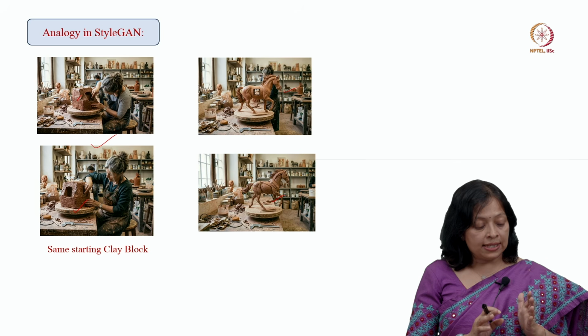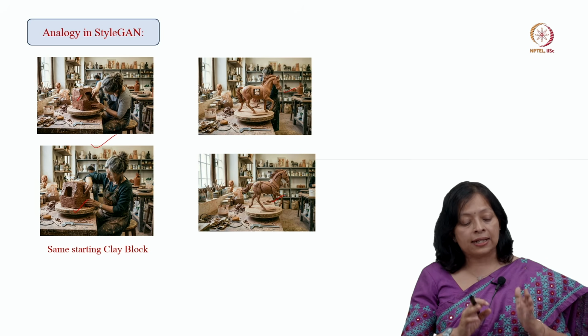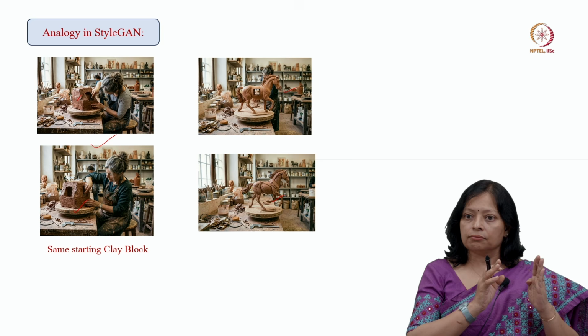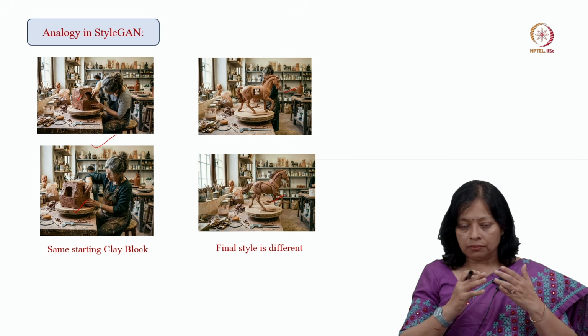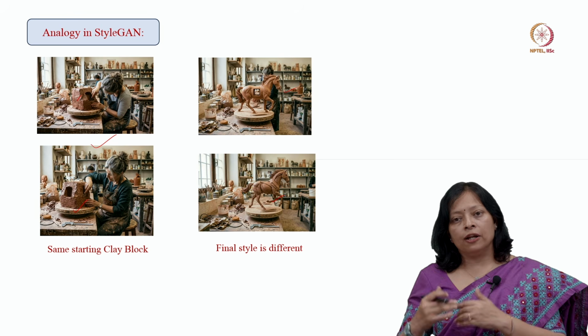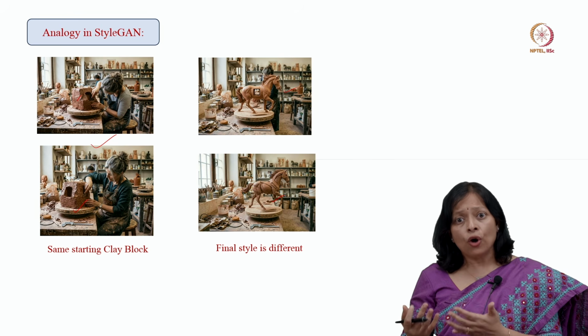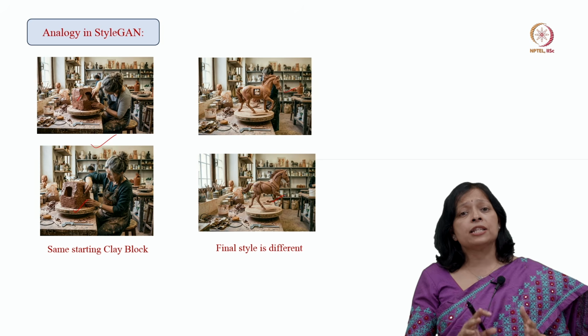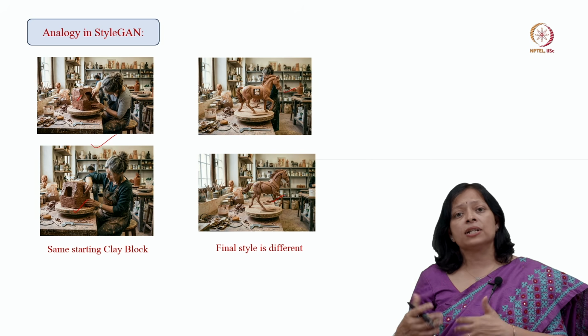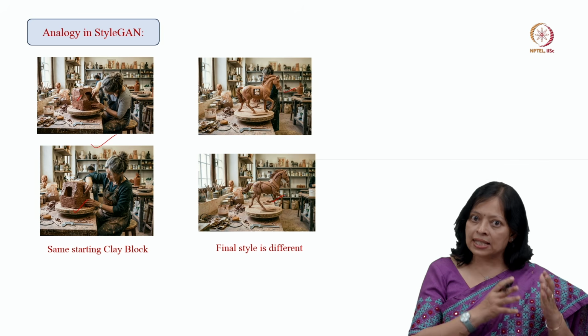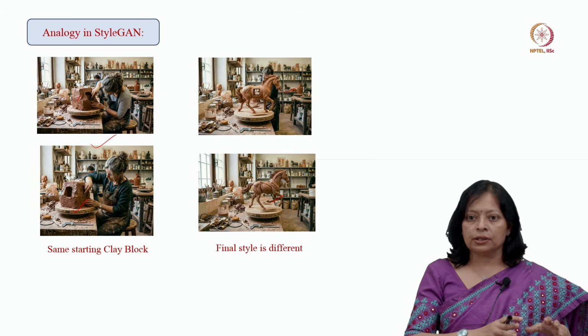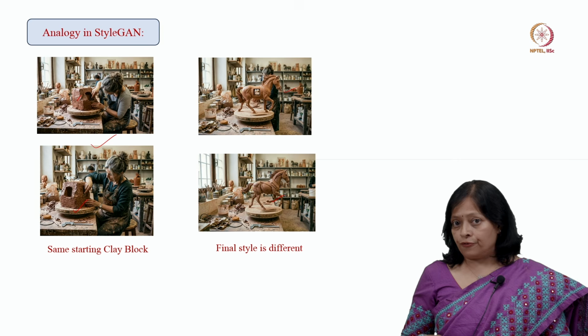What we are seeing here is the same starting clay block. Both days they started with the same clay block. The style of the horse sculpture on day 1 is different from the style that came out on day 2. So, even though we are starting from the same clay block, the final outputs are different.